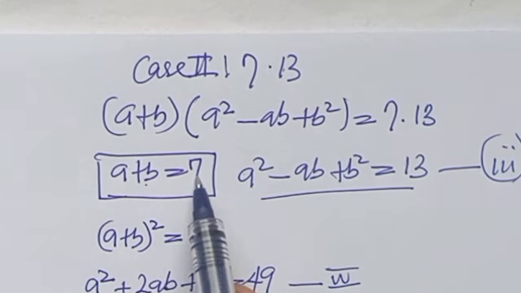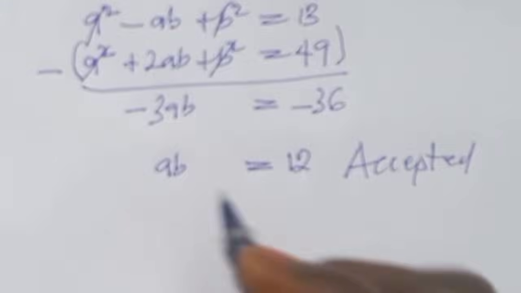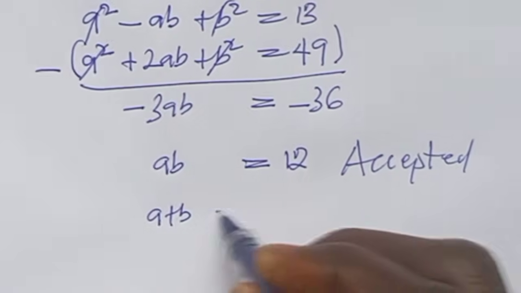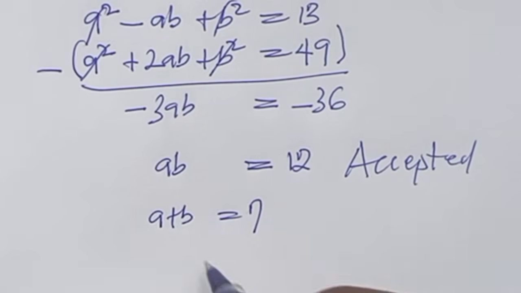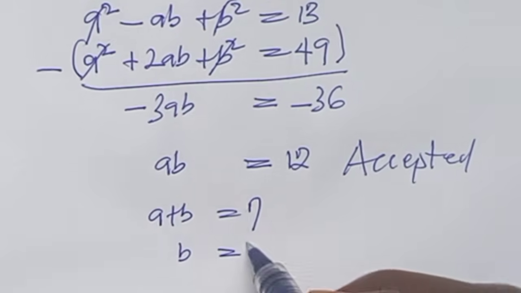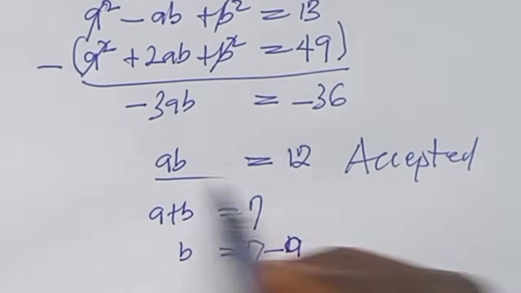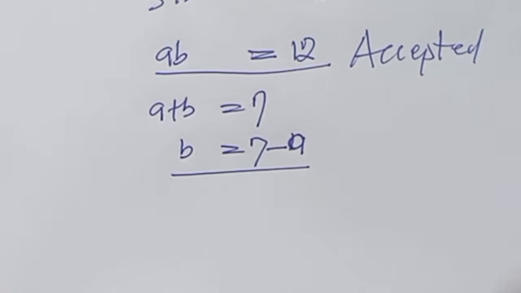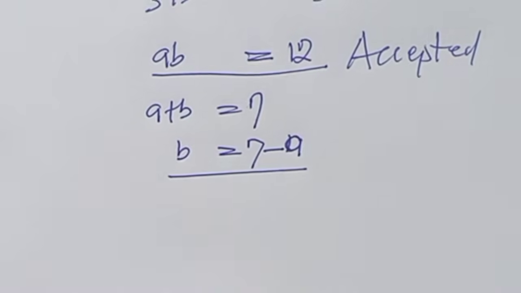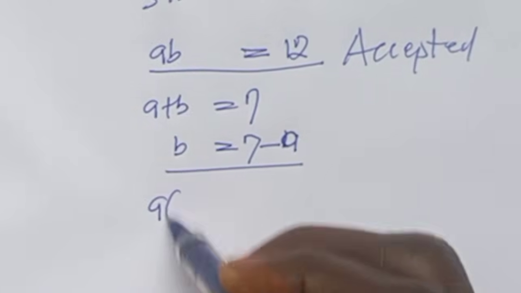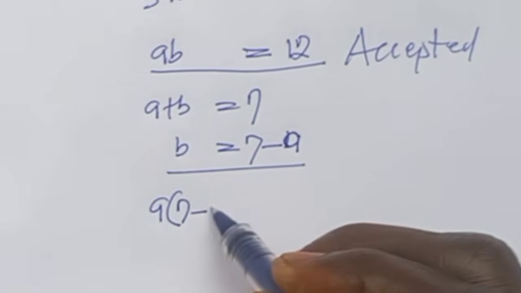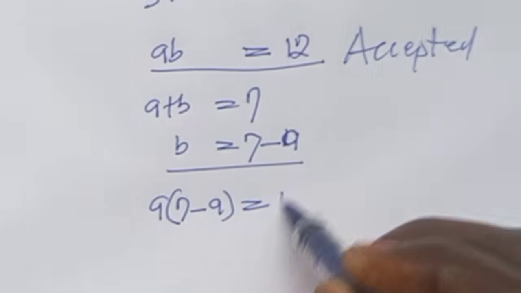But we're going to recall that a plus b is equal to 7. So if a plus b equals 7, that means b is equal to 7 minus a. And if we compare this and this, we can therefore write that a into 7 minus a will be equal to 12.